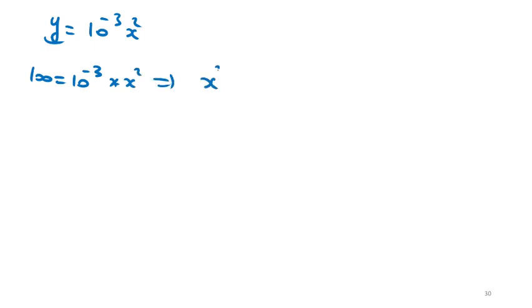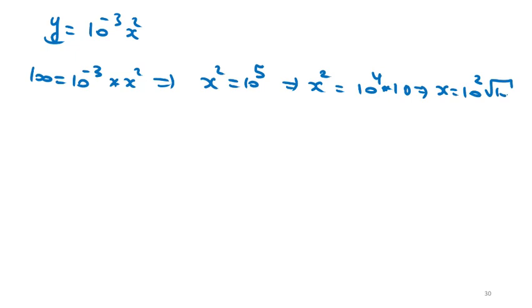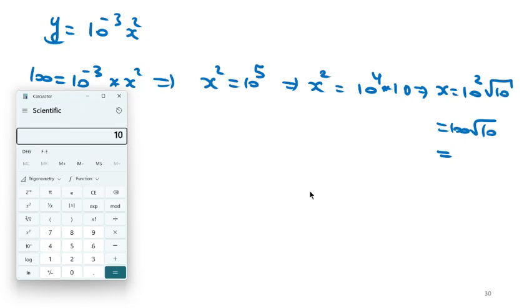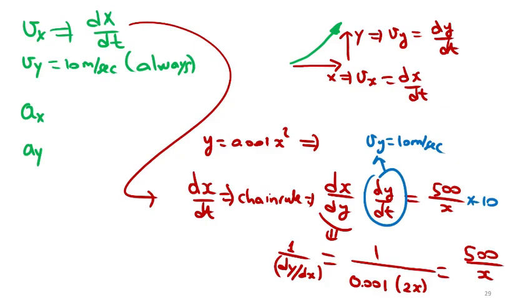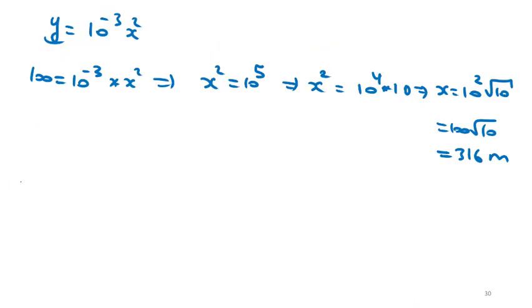Then x squared will be 10 to the power of 5, and then x will be 10 to the power of 2 times square root of 10, or 100 times square root of 10, and if you use your calculator, it will be about 316 meters.